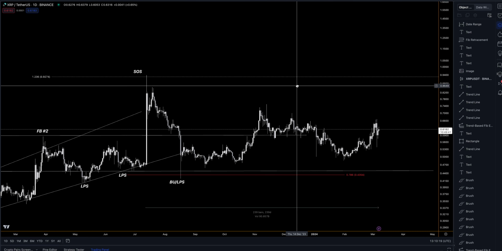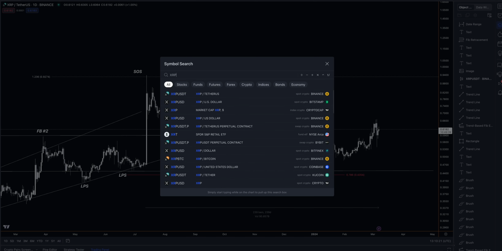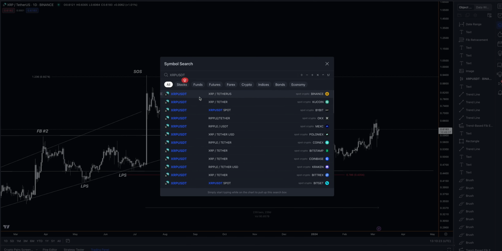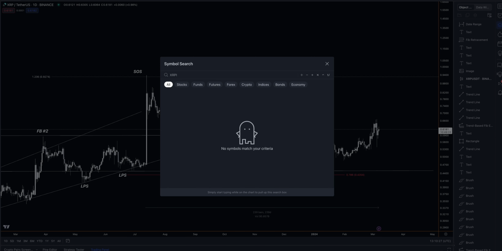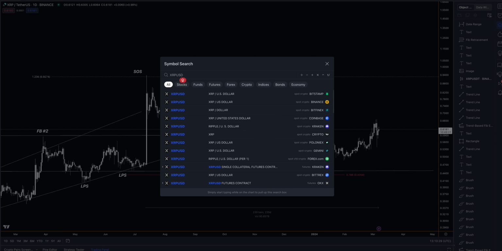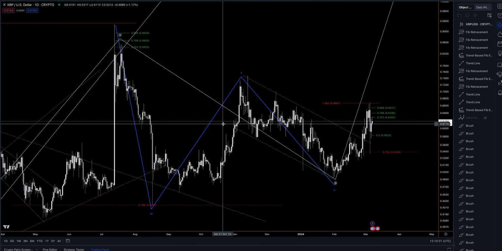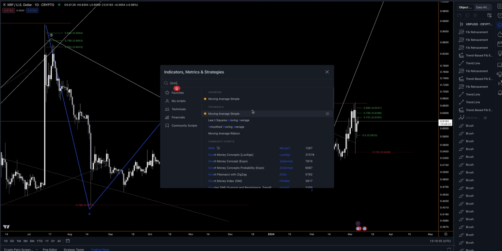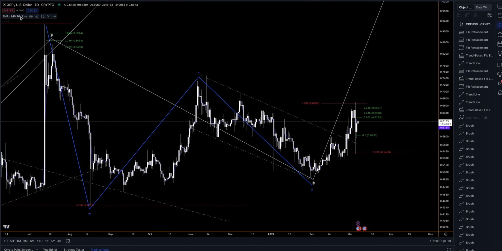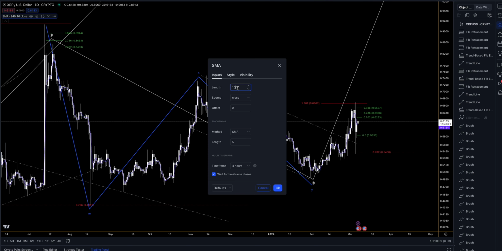Now, the reason I think that XRP is going into phase E and has finished the correction is because number one, we hit the 78.6% fib, and we are also above key moving averages.